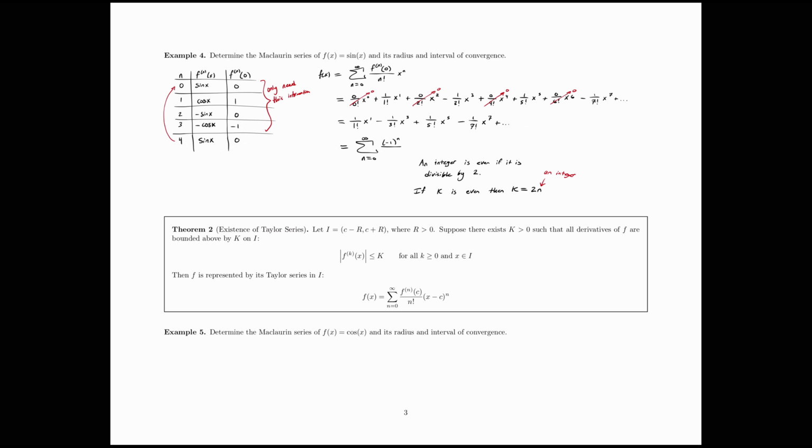So what do you do to get a generic odd number? Well, odd numbers are just 1 away from every even number. So if 2n is even, then 2n plus 1 is odd.